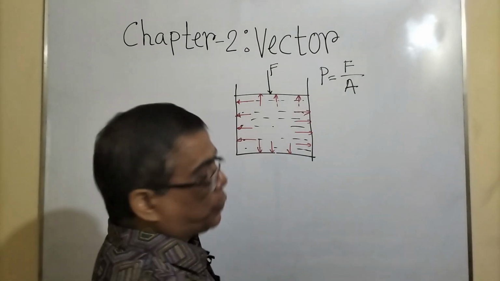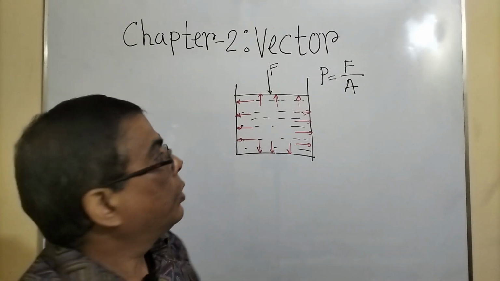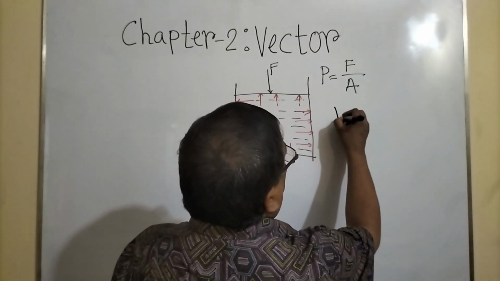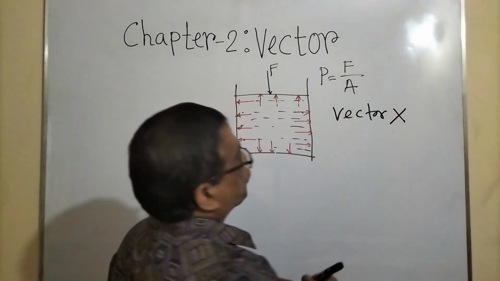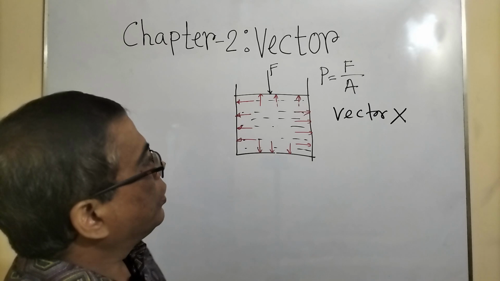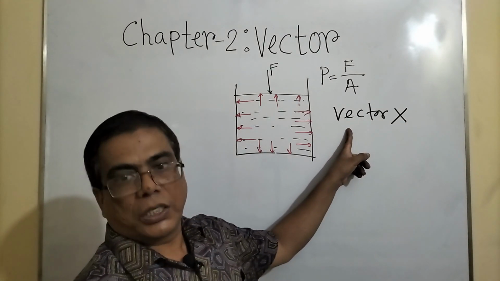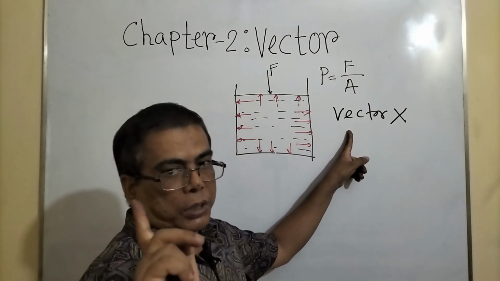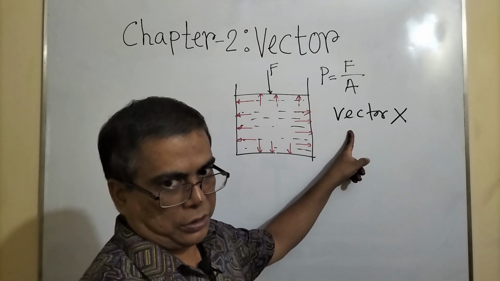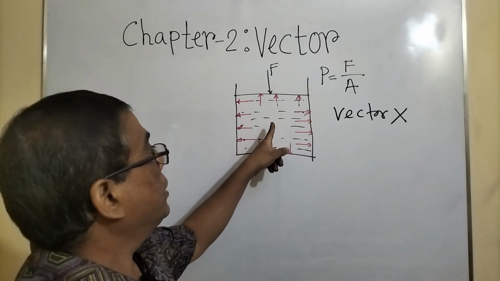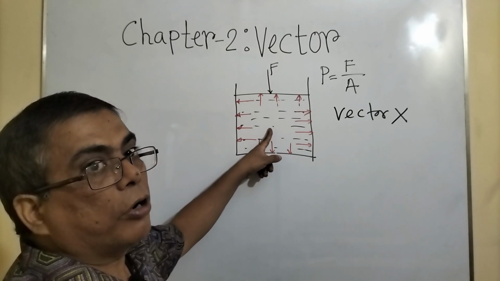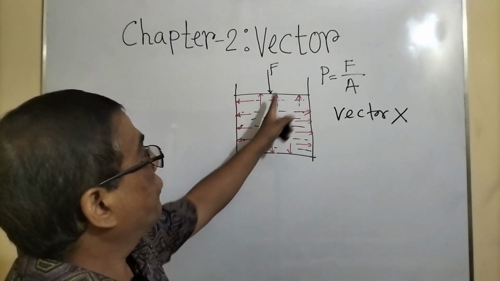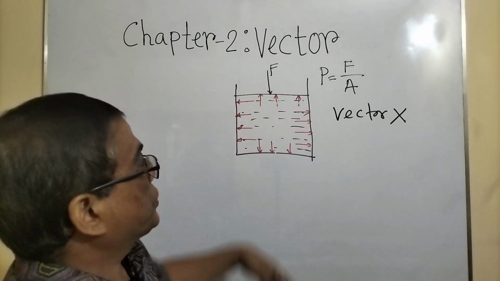So it is not a vector quantity, because a vector has only one magnitude and one direction, but here the pressure has one magnitude and different directions.